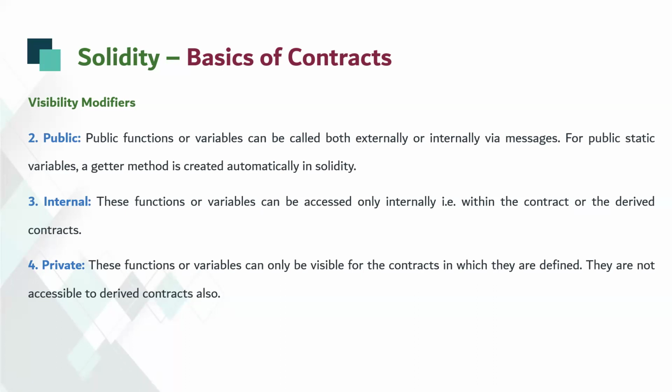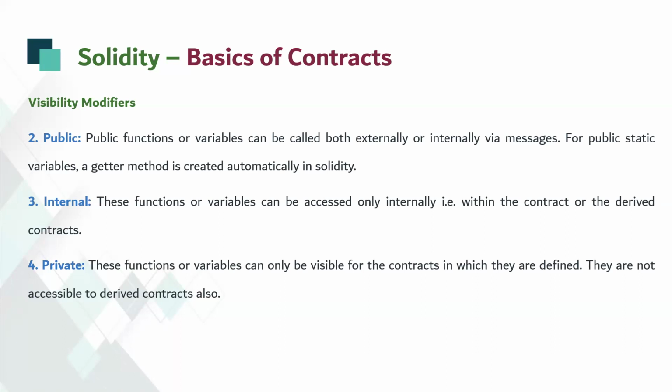Okay, private functions and variables are not visible to derived contracts, meaning they cannot be accessed or inherited by contracts that inherit from the original contract. Private visibility is often used to encapsulate and hide implementation details within the contract, ensuring they are not accessible or tampered with externally.